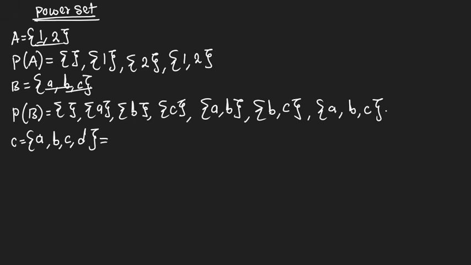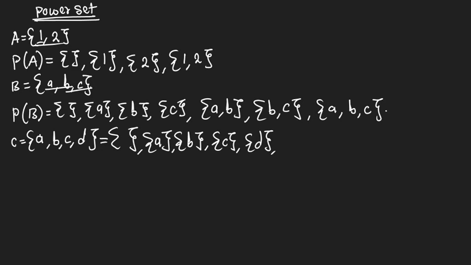How about for this set? It's very simple. Collect the empty set first, then collect the single letters. So A as a single letter, B as a single letter, C as a single letter, D as a single letter. Combine A, B. Combine B, C. Combine C, D. Combine everything.